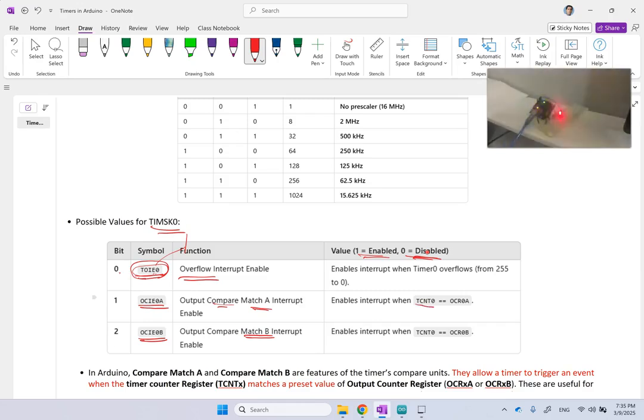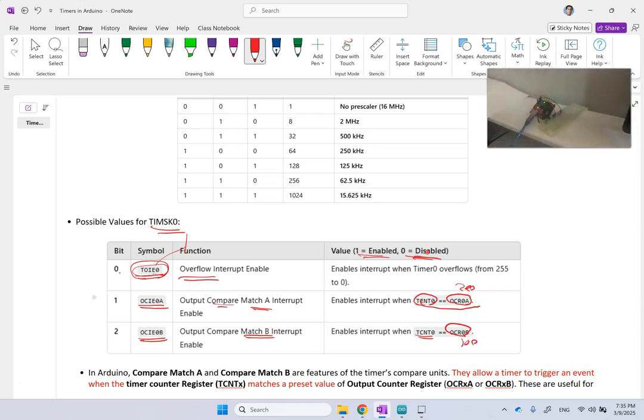So one time when the counter for your CTC mode in timer 0 is equal to this variable, and this is just a number that you set, like 200, 100, and the other one is when the counter reaches the other number, OCR0B, and again, this could be any other number.